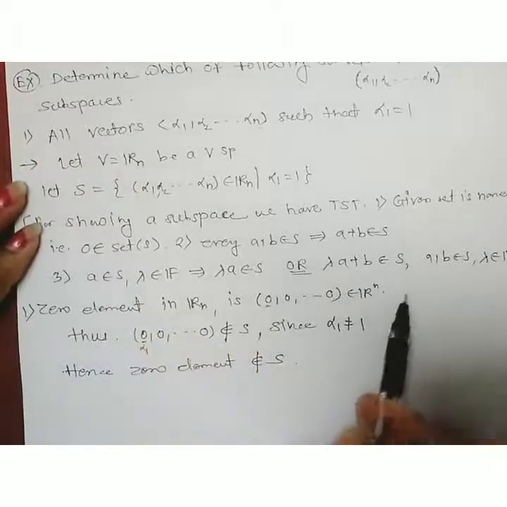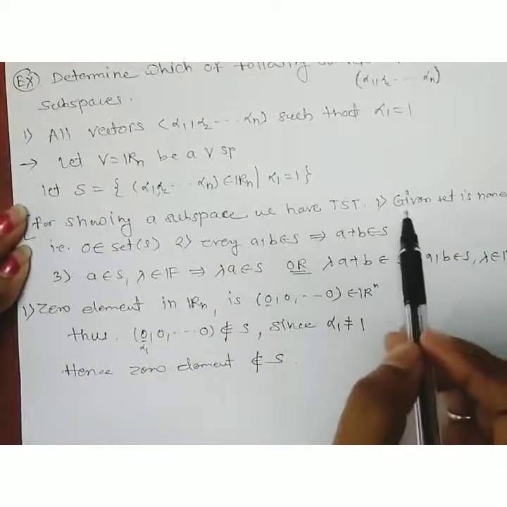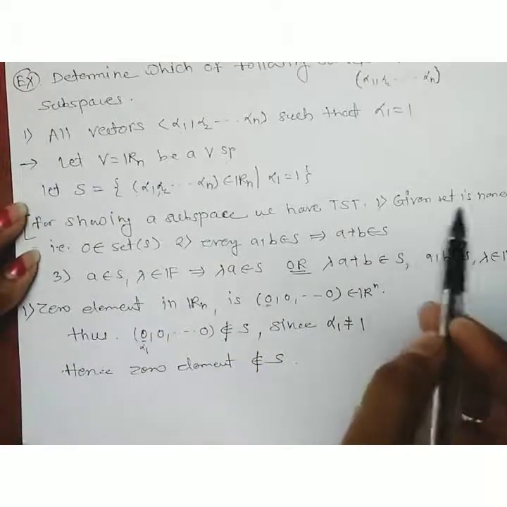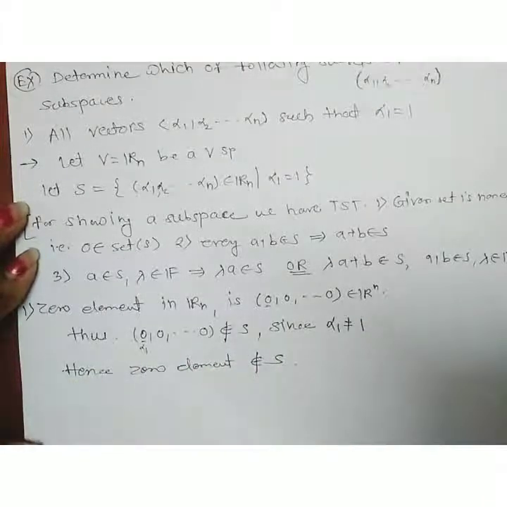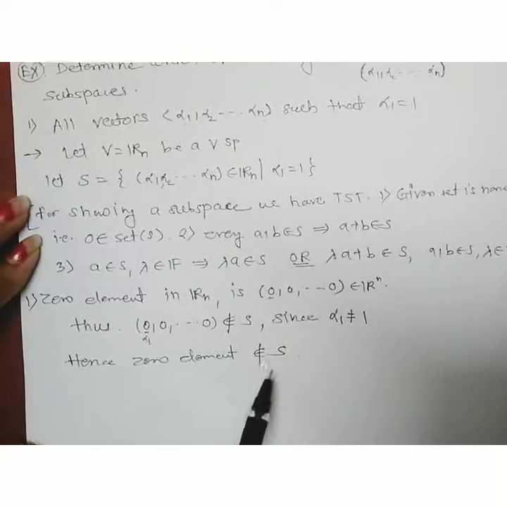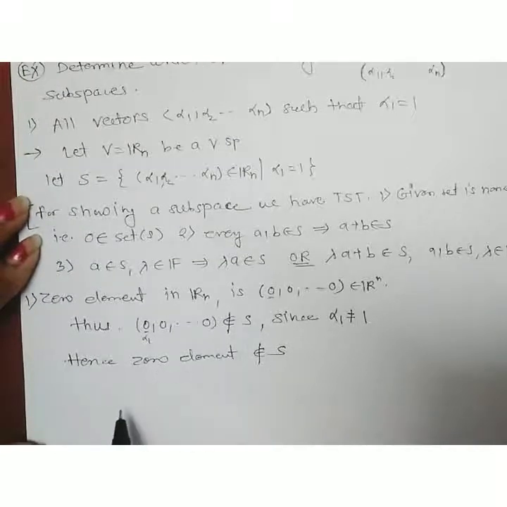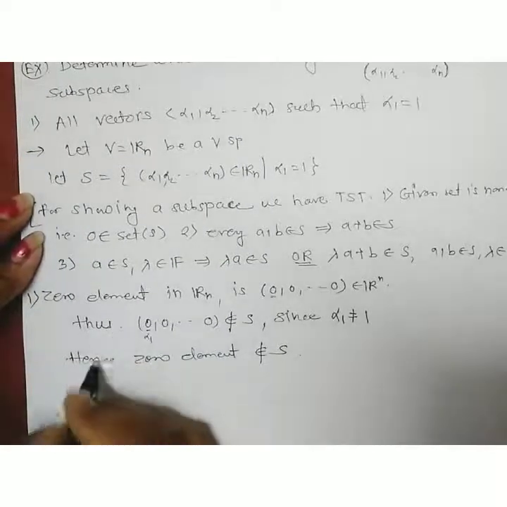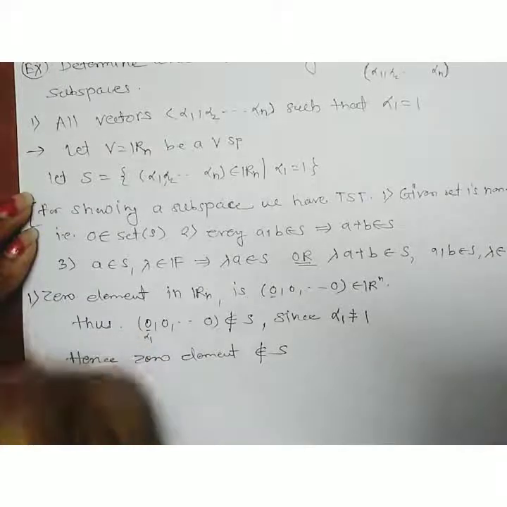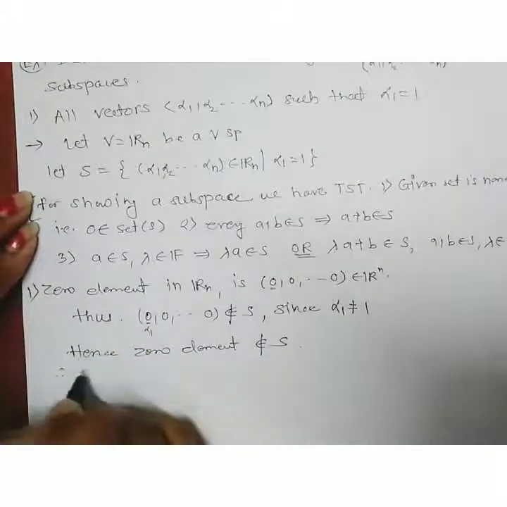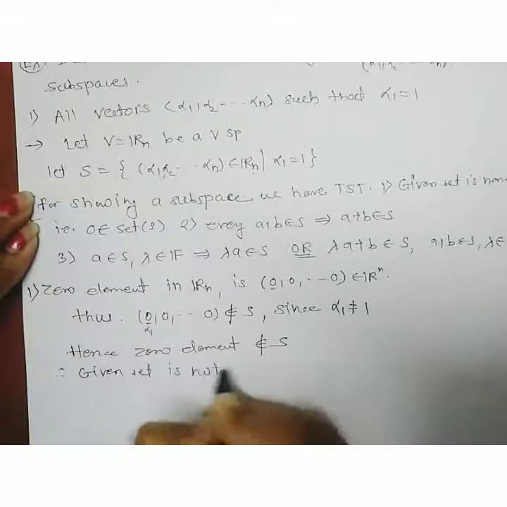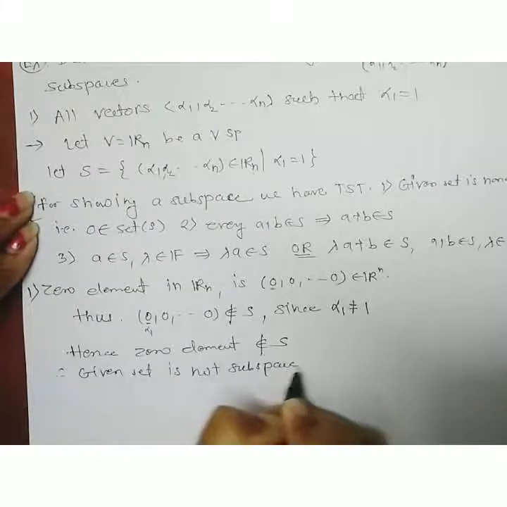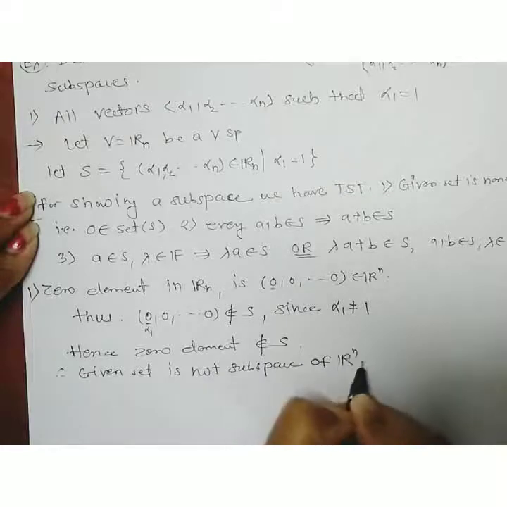In the first condition, the zero element must belong to that set, but the set fails to satisfy the first condition. Therefore, the given set is not a subspace of Rn.